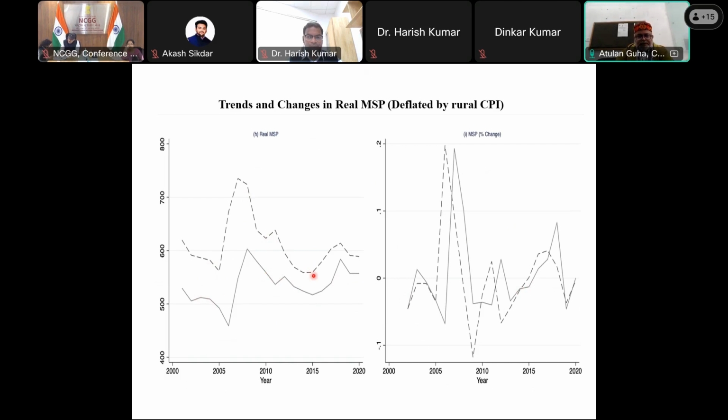From 2015 onwards there is a rising trend, so MSP is going up, but definitely this trend is much lower than what was there between 2005 to 2010. This is how the MSP has changed over the years for rice and paddy.